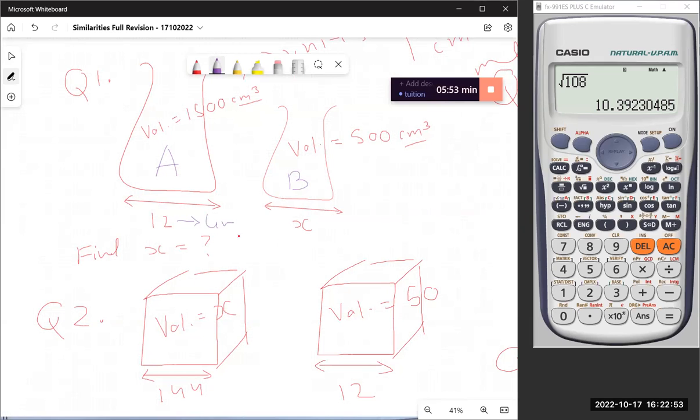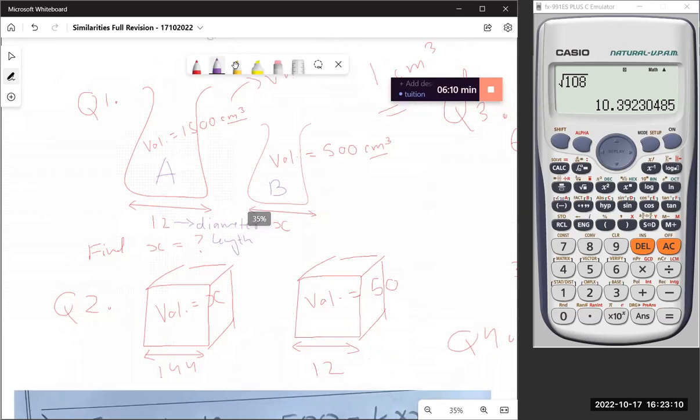It is a length. Let's say perhaps some length. It could be the diameter, which is a length. Now we can only take volume with volume, and we can only take diameter with diameter.